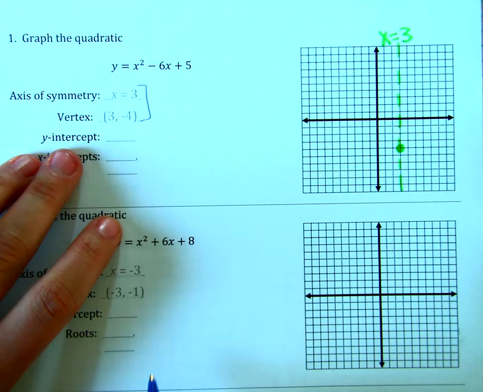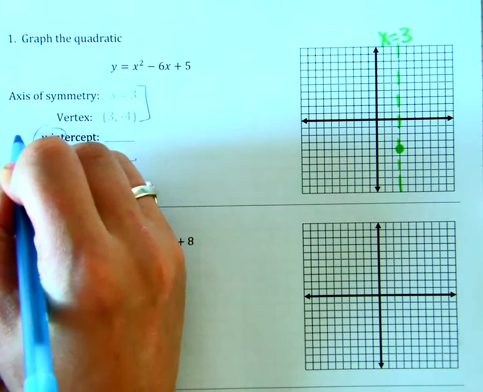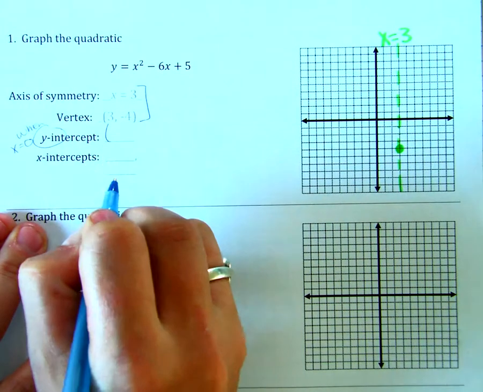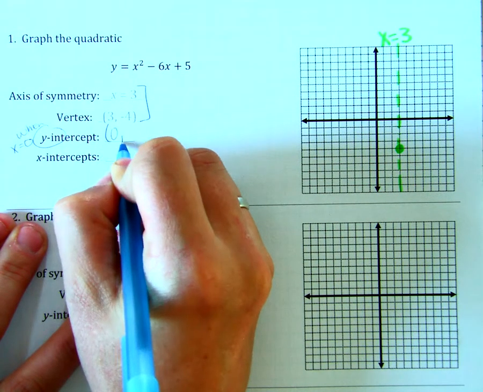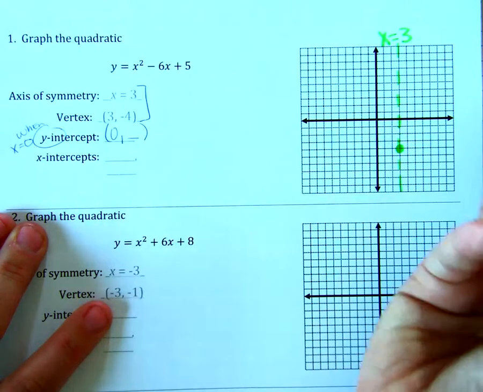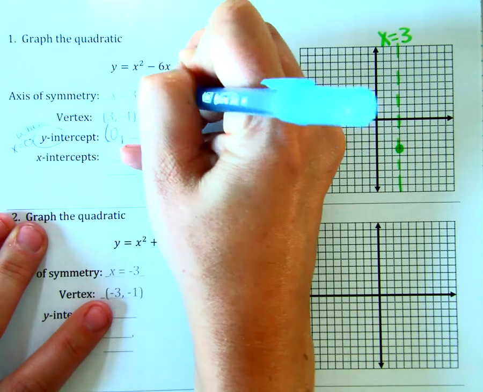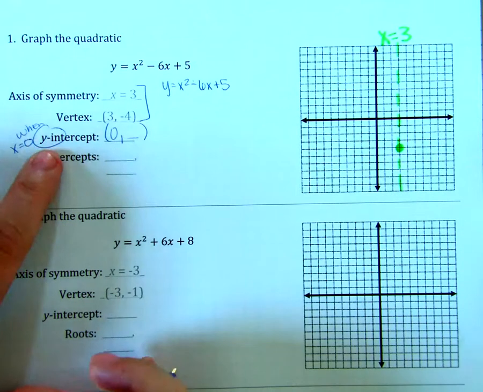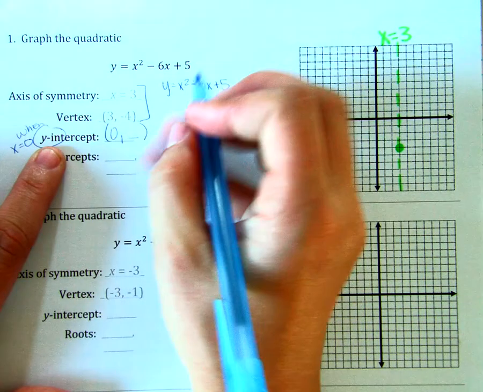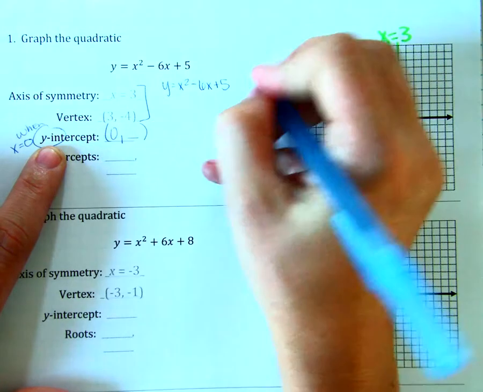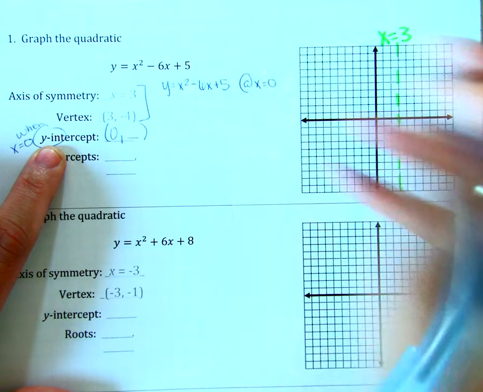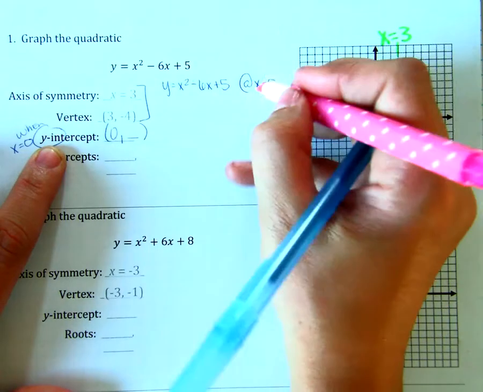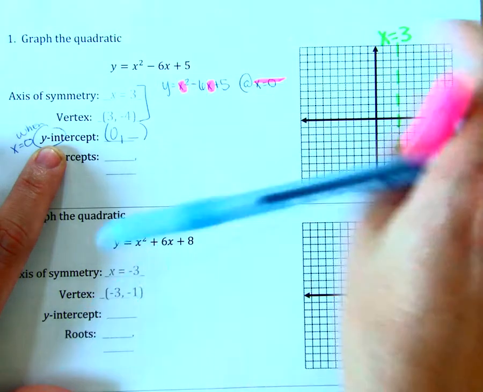Okay, so my y-intercept, again, y-intercept always happens when x equals 0. So I know this is going to be in the form 0, comma, something. So we're going to use this equation, y equals x squared minus 6x plus 5, and we need to solve for the y-intercept. So it happens when x equals 0. So I'm going to go ahead and substitute 0 in for x.